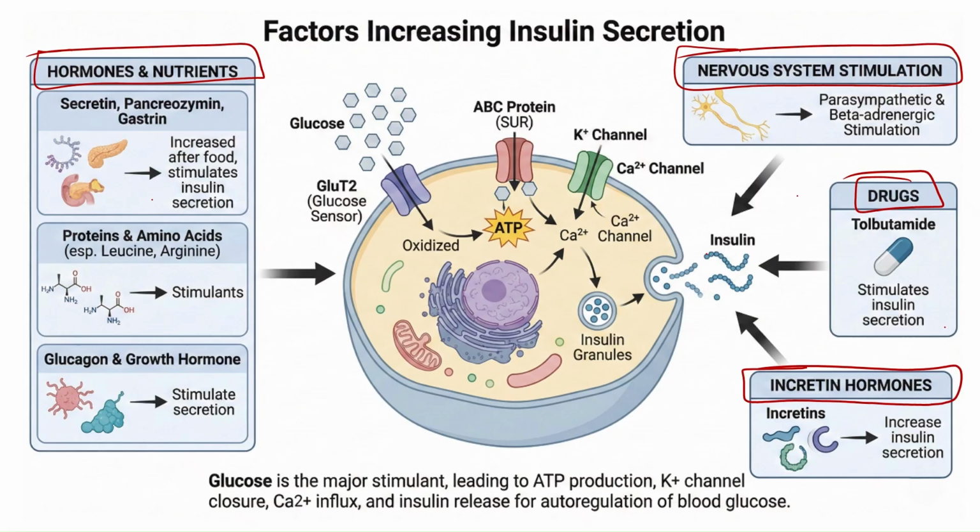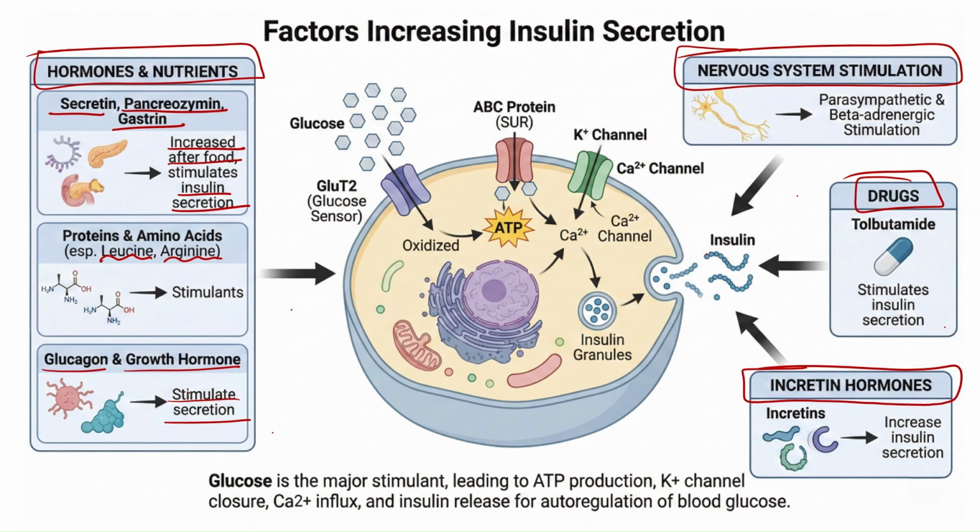Among the hormones and nutrients, we have secretin, pancreazymin, gastrin. These three levels will be increased after the food intake, which directly stimulate the insulin secretion. Then proteins and amino acids such as leucine, arginine also stimulate the insulin secretion. Then glucagon and growth hormone also stimulate the insulin secretion.